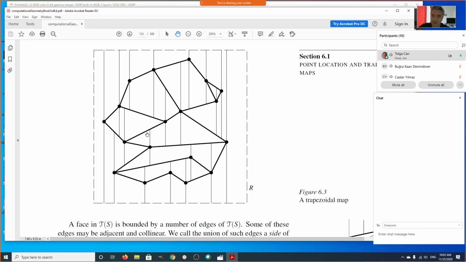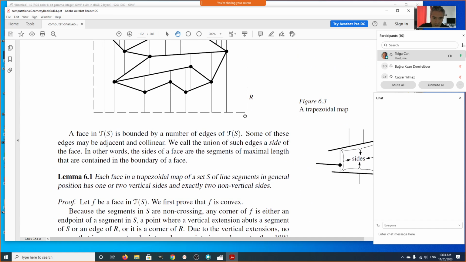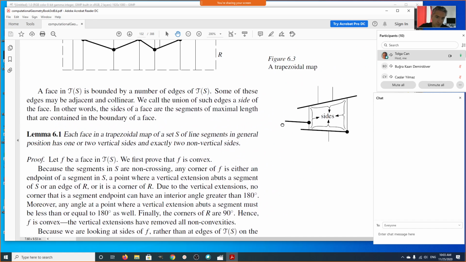They will also have left and right points which can be identified. The left point could be an edge, or the vertical extension on the left-hand side could start at a vertex like this.